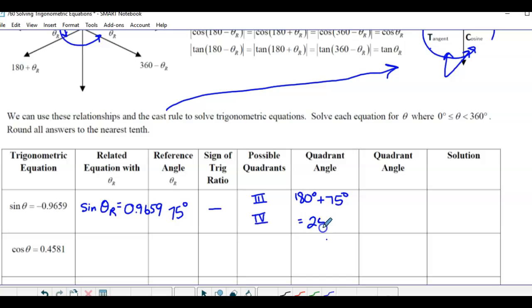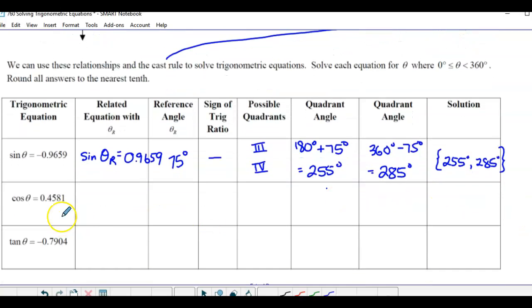So that's going to be 255. In the fourth quadrant, we'll take 360 and we'll subtract 75. That's 285. And then we just list those two. Those are our solutions. So often we use squiggly brackets, right?